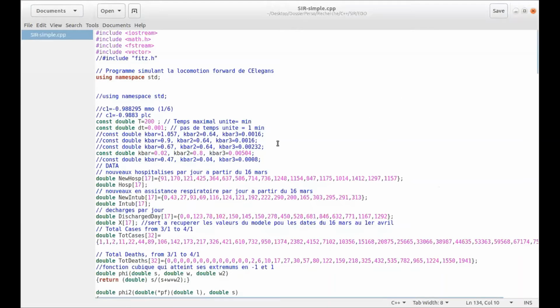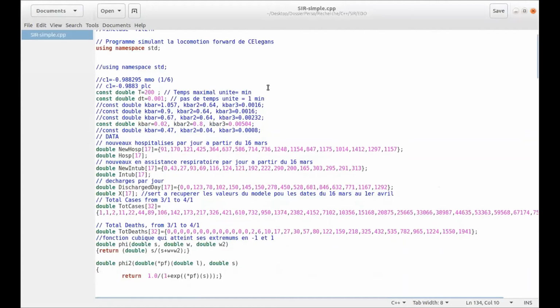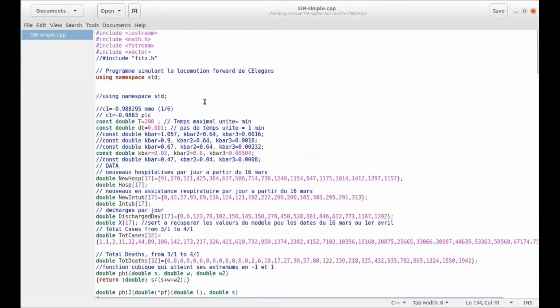All right, so here is a program. It's an ODE, and we're going to use this program to make a simulation of our ODE, SIR ODE. So let's have a short look at it. My final time is 200.